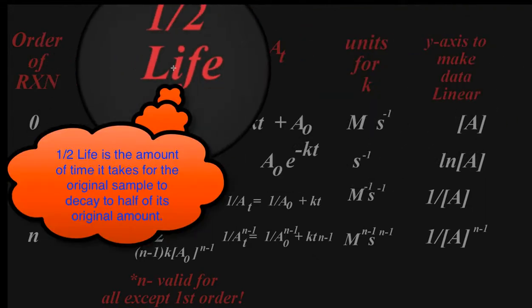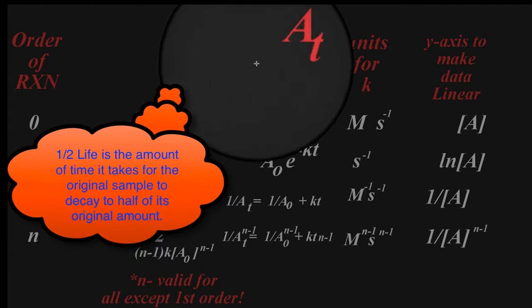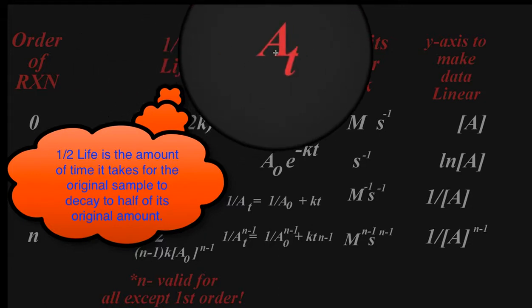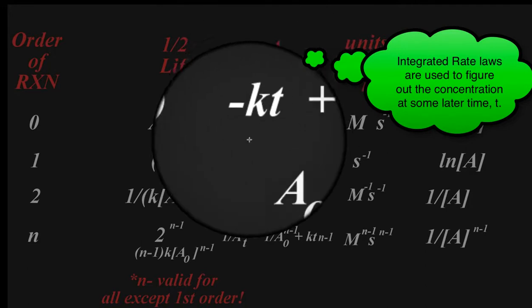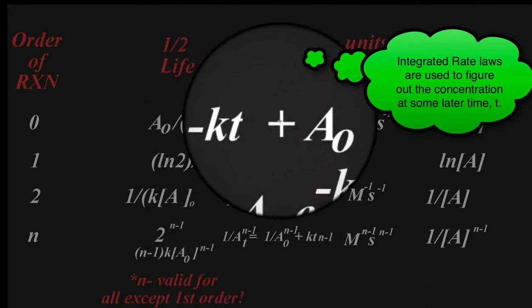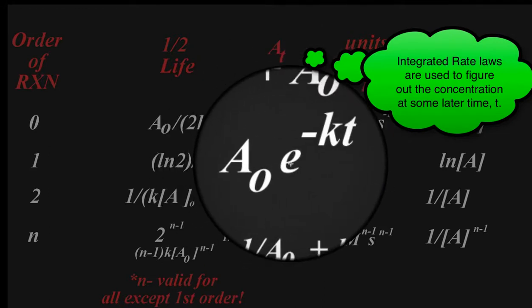Again, half-life is the amount of time it takes for half of the sample to decay, for it to reach half the original amount. A sub t is the integrated rate law, and basically, except for these last two, A sub t equals this, or this.